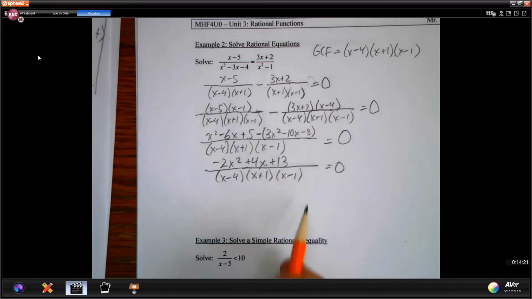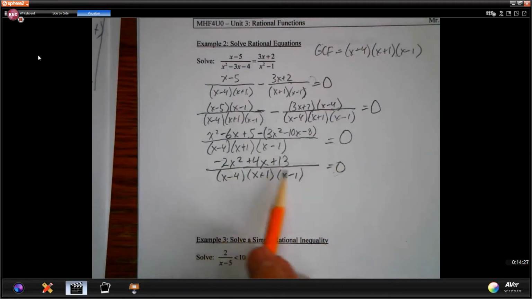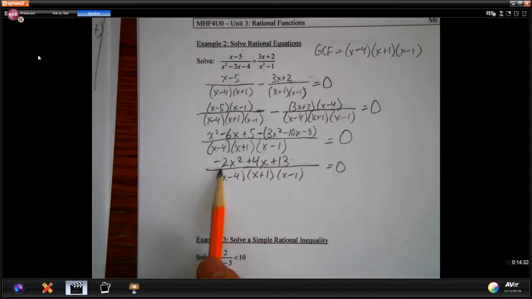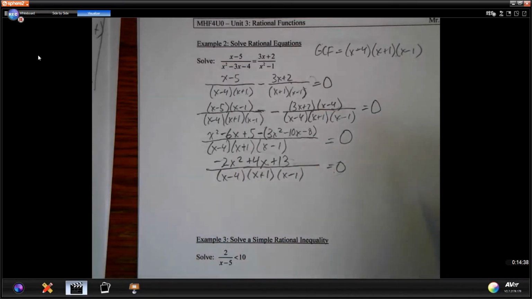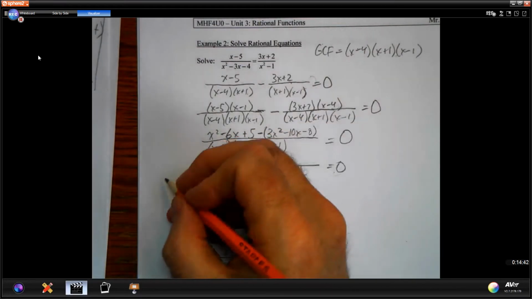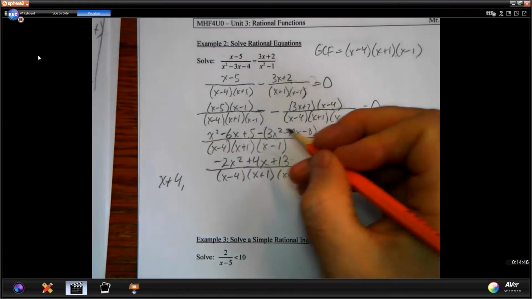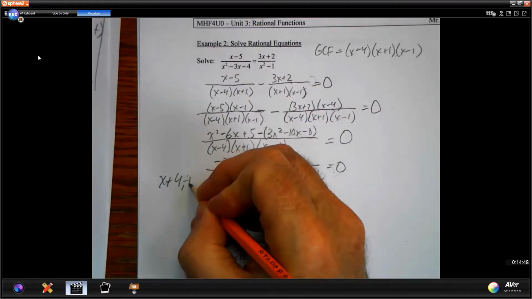Okay, so now we've got it just where we want it. We've basically got a rational expression equals 0. So whenever we have this, that means that just like the last example, I want this numerator equal to 0. At this point, it doesn't really matter what the denominator is, but it's worth stating at this point, just like we did in our last example, that x cannot be 4, negative 1, and positive 1.